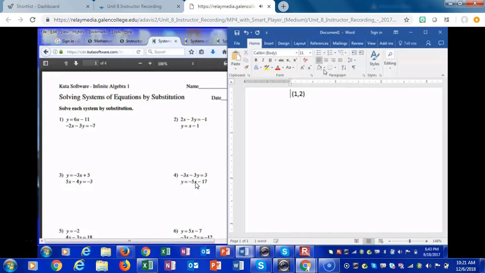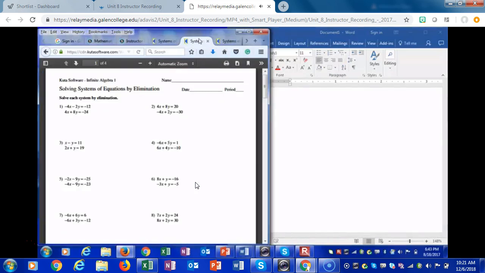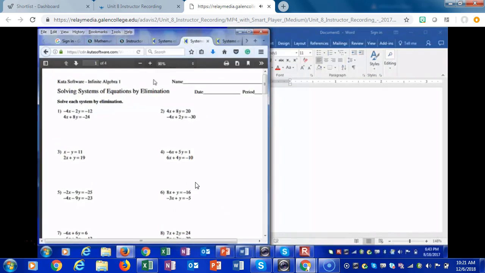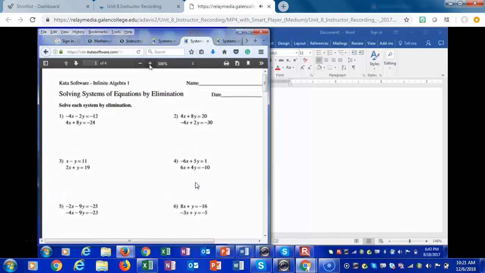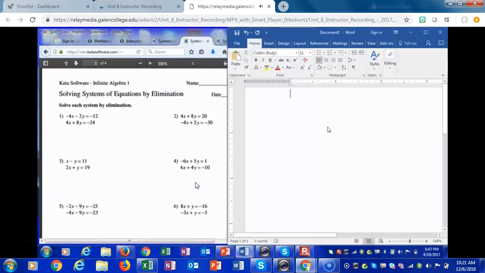We've done substitution. Now, let's do elimination. Elimination is the idea of eliminating a single variable and then combining the rest of the terms. Let me show you what that looks like.